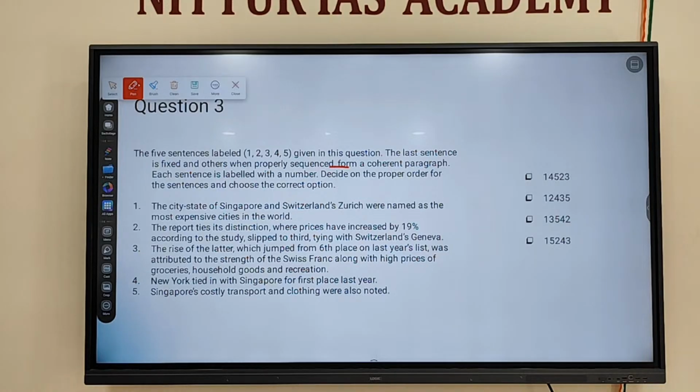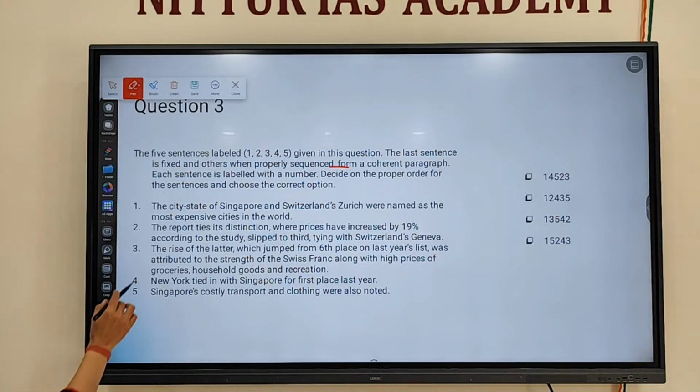The rise of the latter, which jumped from sixth place on last year's list, was attributed to the strength of the Swiss franc, along with high prices of groceries, household goods, and recreation. New York tied in with Singapore for first place last year. Singapore's costly transport and clothing were also noted.